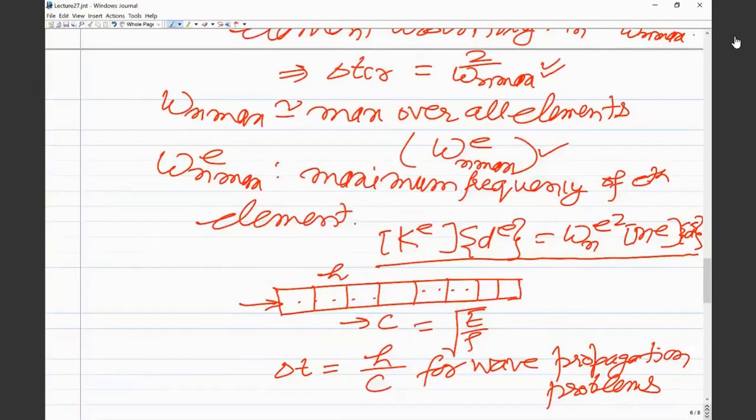That is the property we use to find omega n max through this approach. If you want to see the proof, you can refer to Finite Element Procedures by K.J. Bathe, where you can find the proof that omega n max will be less than or equal to omega n max E. Okay, sir.